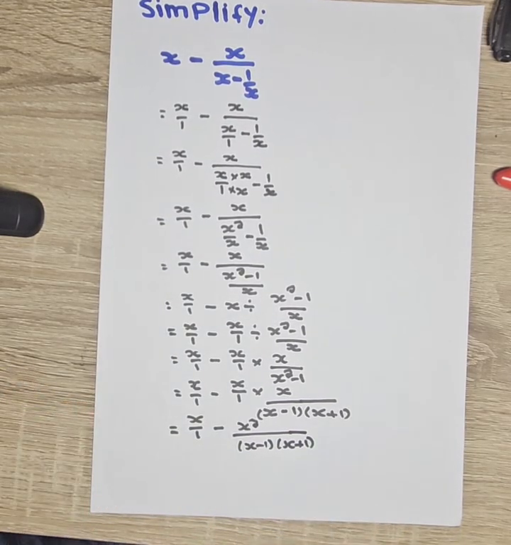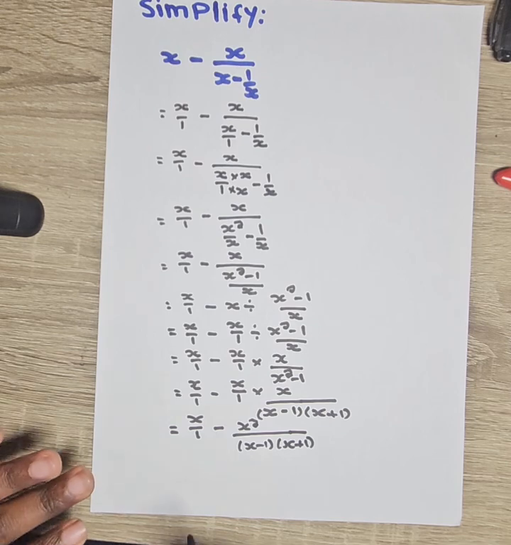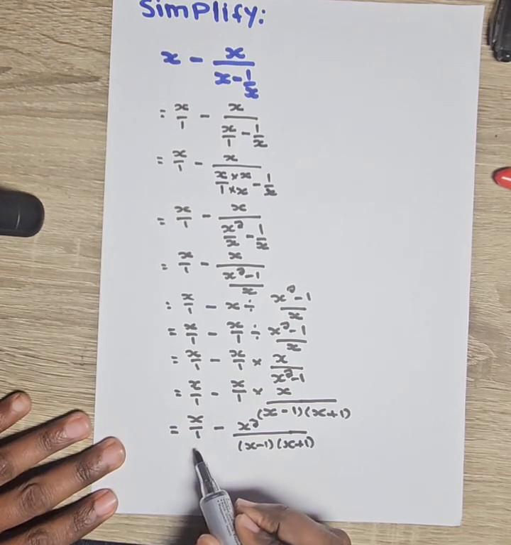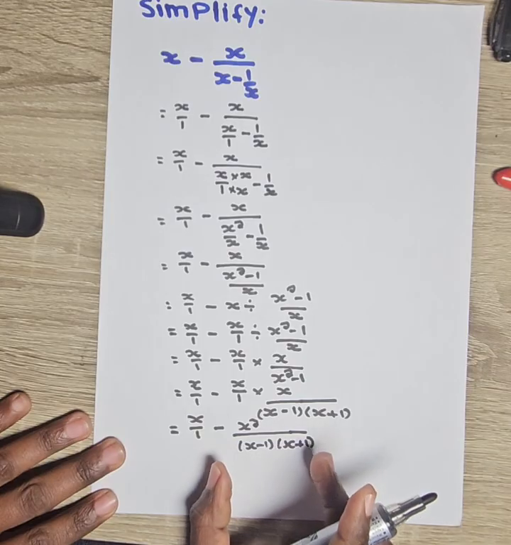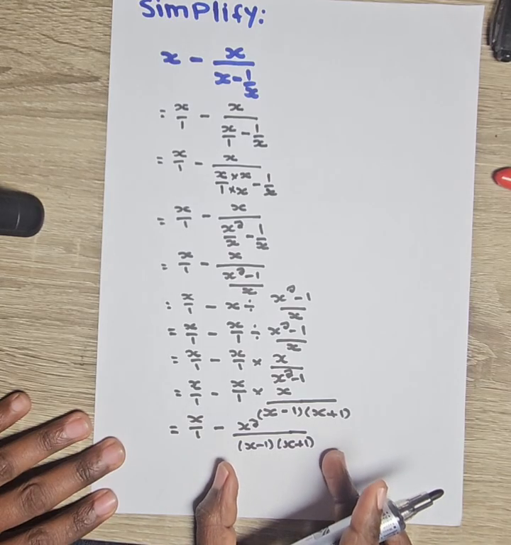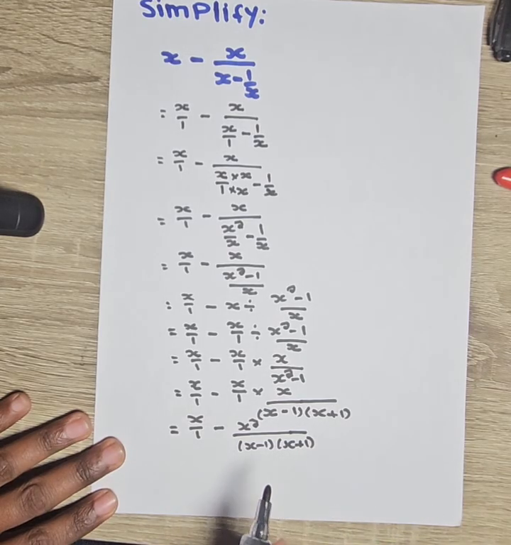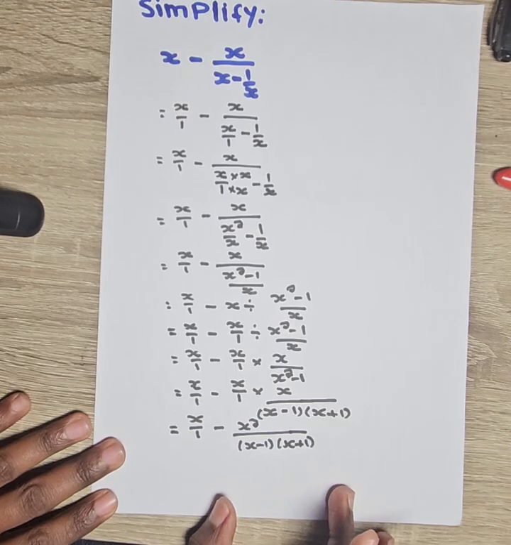Now you have x over 1 minus x squared over x minus 1 times x plus 1. What do you need to do? Now you have only subtraction. So you need to make the denominators the same.